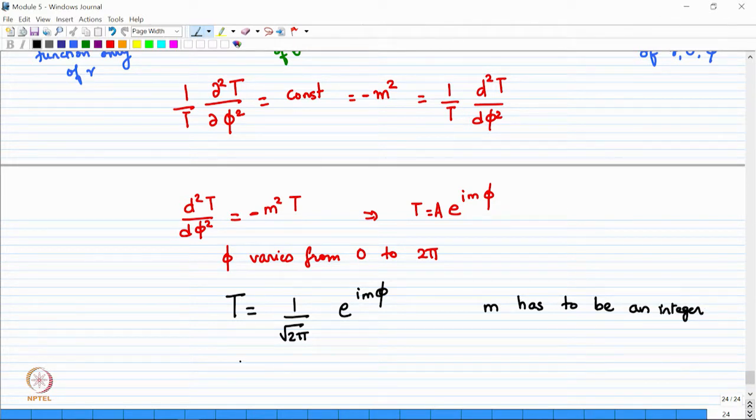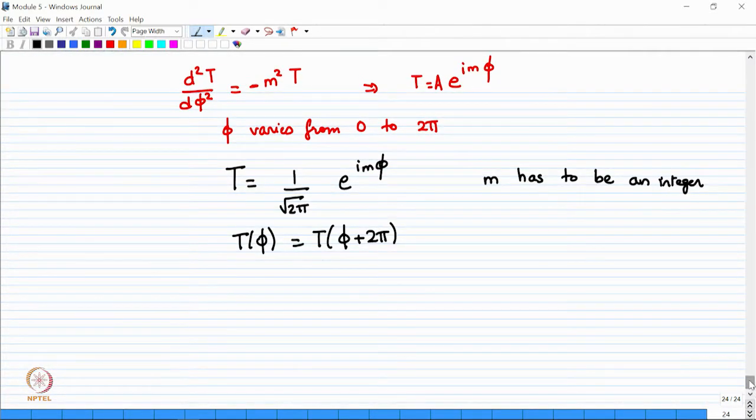Because you should have t of phi equal to t of phi plus 2 pi. So phi should satisfy this condition. So this implies, okay, t of phi is 1 over root 2 pi e to the i m phi. This should be equal to 1 over root 2 pi e to the i m phi times e to the i m 2 pi.